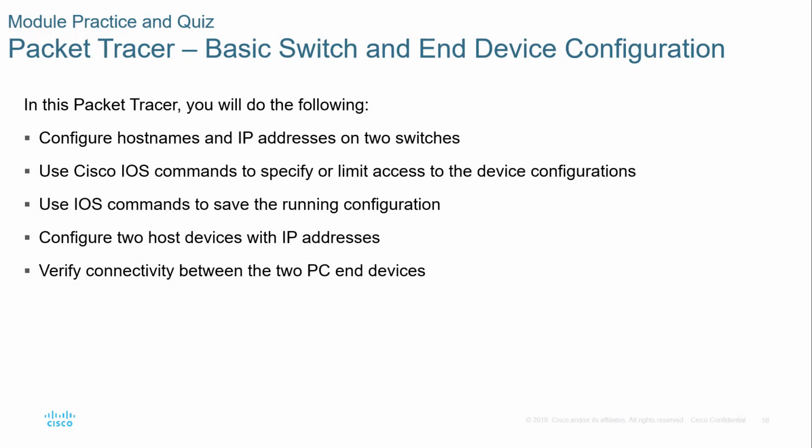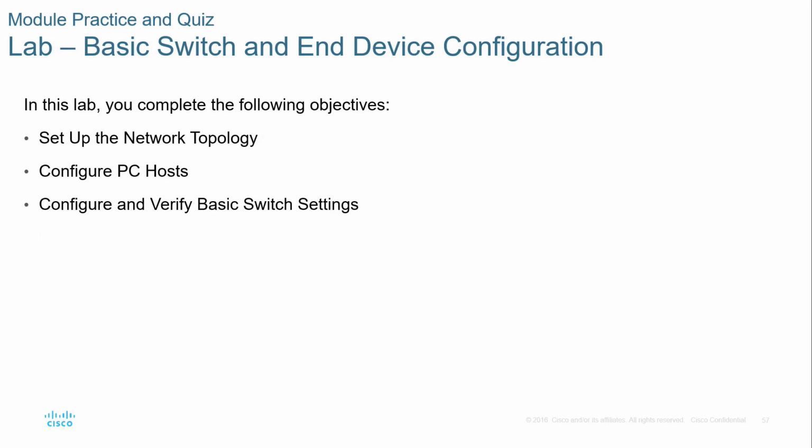So we're going to have a lab where we configure basic features of a switch and router using basic Cisco IOS commands. We're going to set up topologies, set up our PCs, and configure a very basic switch configuration to reinforce what we've learned.